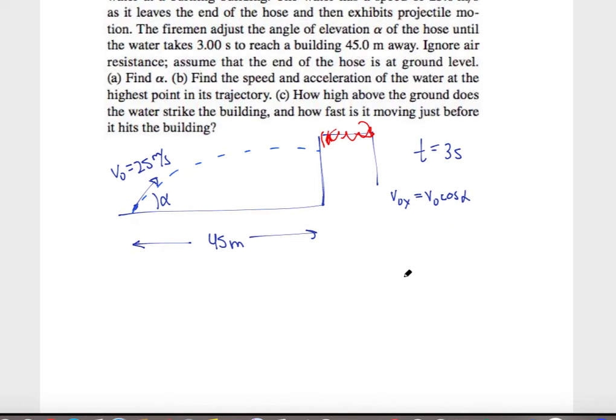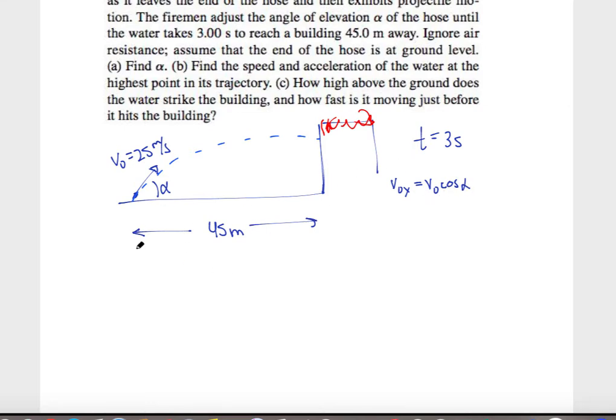All right. I do, however, have an alternative way that I could find V naught x. So I know that delta x is equal to Vx times t. And Vx in this case is actually going to be equal to V naught x because there is no horizontal acceleration. So I can find V naught x to be just my horizontal displacement over time, which is going to be 45 meters over 3 seconds, or 15 meters per second.